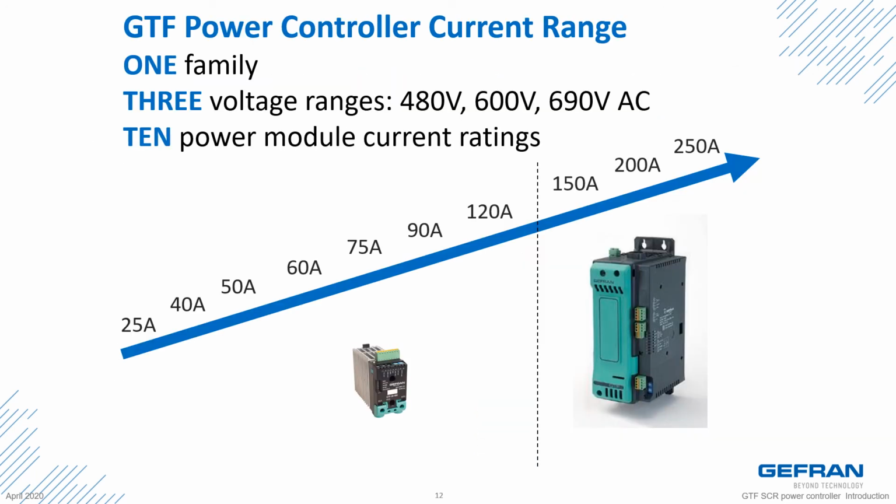The GTF Power Controller is one family of power controllers, 2 frame sizes, as we can see here in the pictures, 3 voltage ranges, 480 volts, 600 volts, and 690 volts AC, and current ratings from 25 amps to 250 amps.